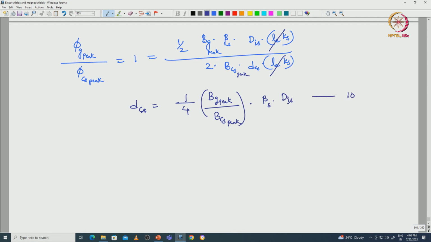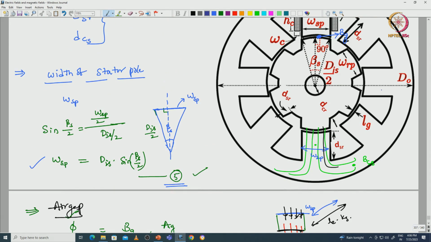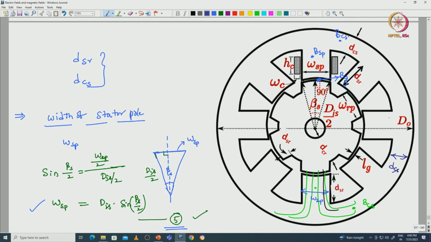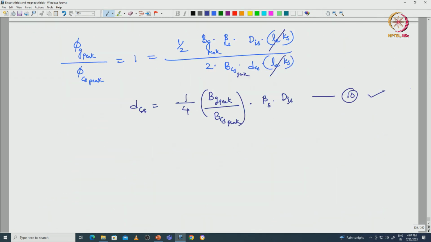So from this equation we can find the thickness or depth of the back iron, that is DCS. This value we have calculated based upon the flux density at the air gap and the flux density at the back iron of the stator.